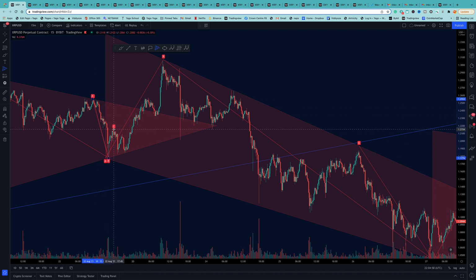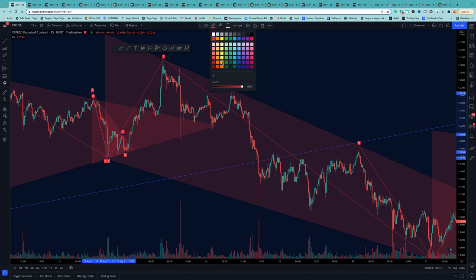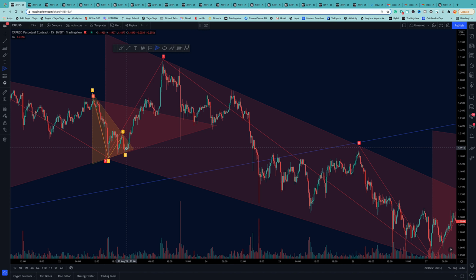Here's one here. There's one there. And that is going to be this color here. It's the yellow, and it's the second from the bottom, I believe. There's a 15 minute.